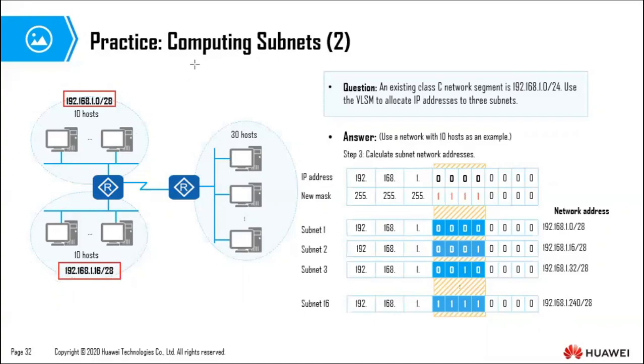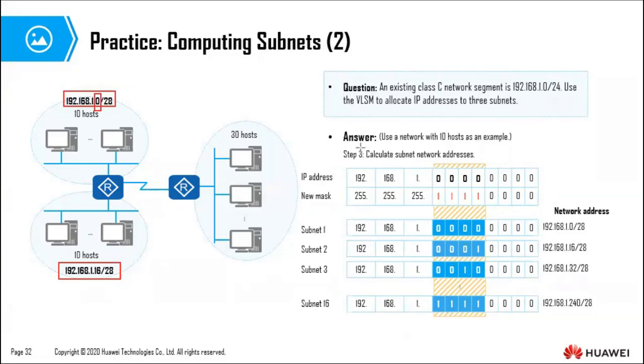Yes, the range. So one of them is going to have 192.168.1.1/28. Another one .2/28. Another one .3, like that. Dot 1, dot 2, dot 3, dot 4, until the last one, because we will already know the range. I think that is what they're trying to show us here.